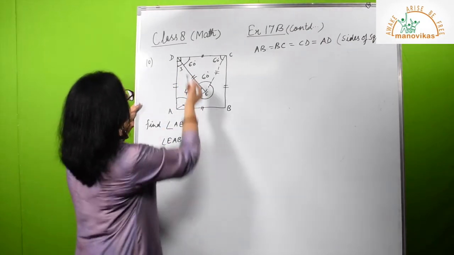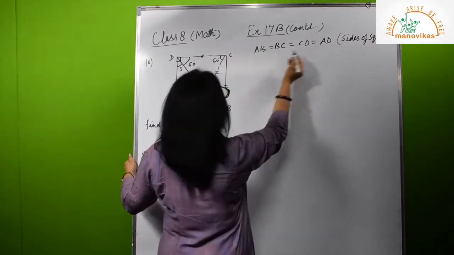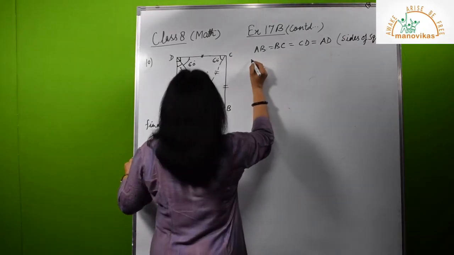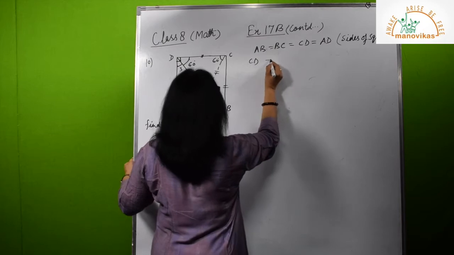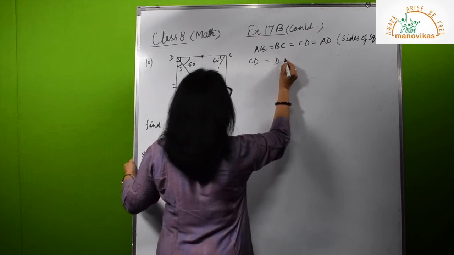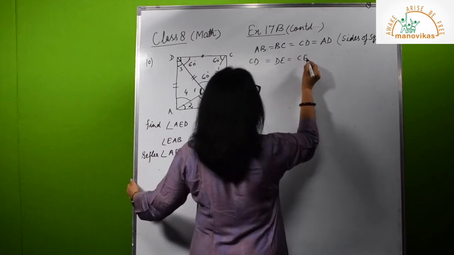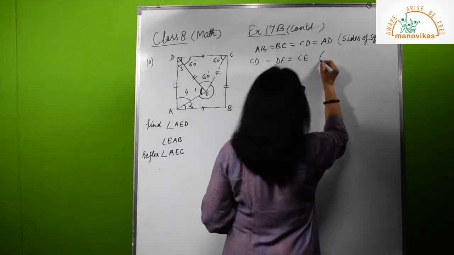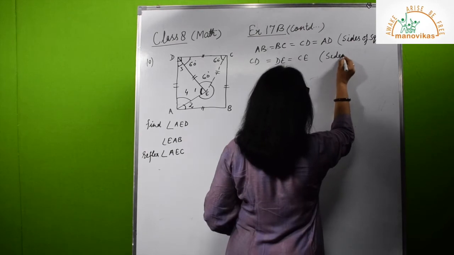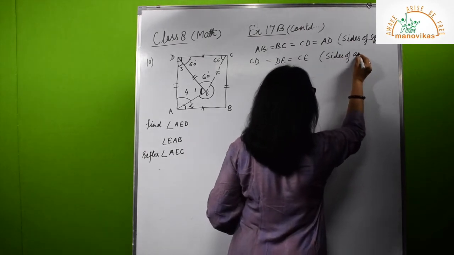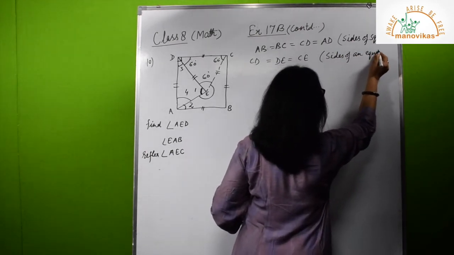So let's start with the other information, that is CD is equal to DE and that is equal to CE. Why are these three sides equal? Being the sides of an equilateral triangle.